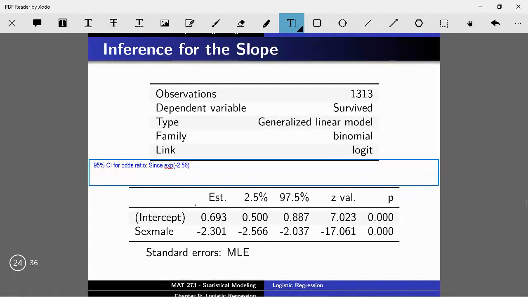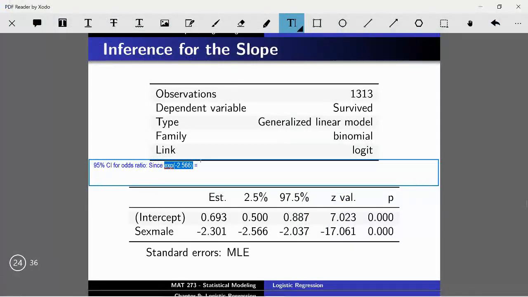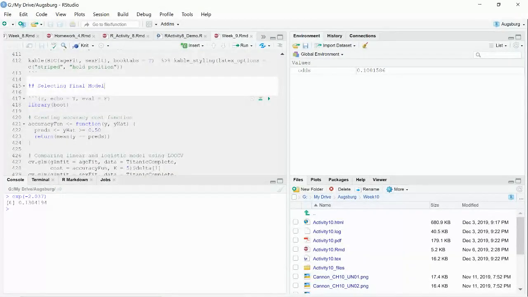So minus 2.566, and since that's on the log scale, that's why we're exponentiating it. That equals that, and that was our lower bound here, and then minus 2.037, using R.